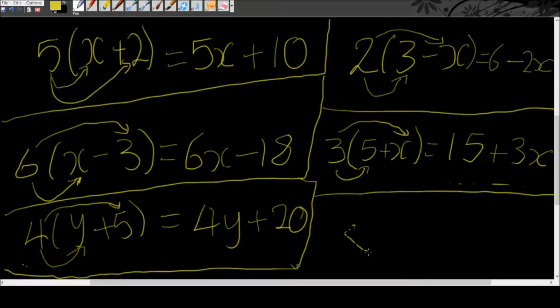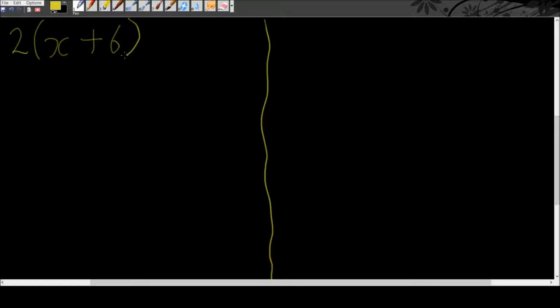I'm going to go over a common mistake that a lot of people make. So you've got, let's say, 2 brackets x plus 6.